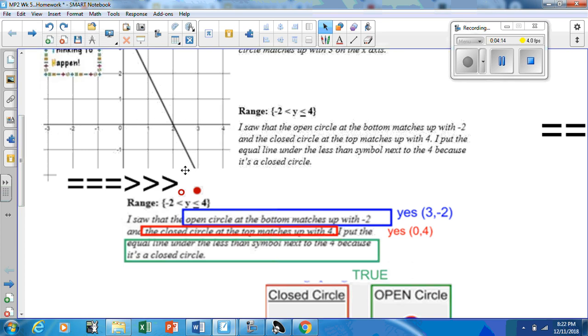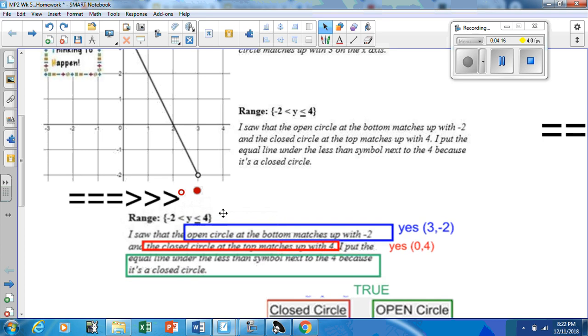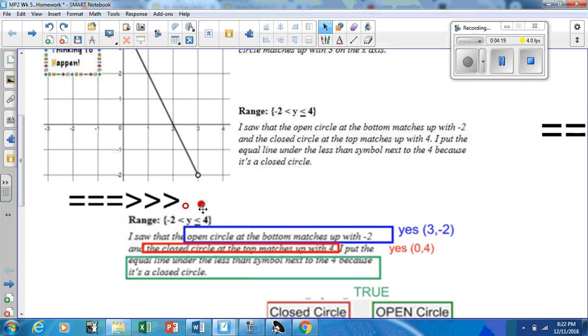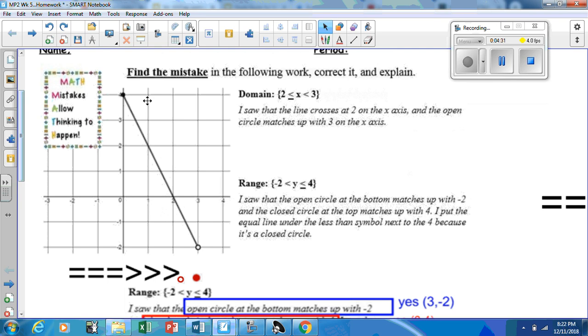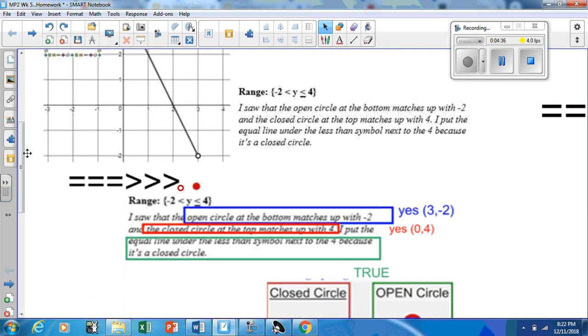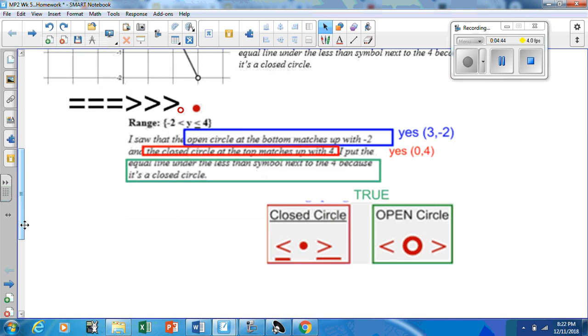Now pay attention to what's in green, because this is the review. I put the equal line under the less than symbol next to the 4 because it is a closed circle. That's absolutely right. So the biggest thing to take away from this first opening problem is that when we're asked, remember that a closed circle is different from an open circle.